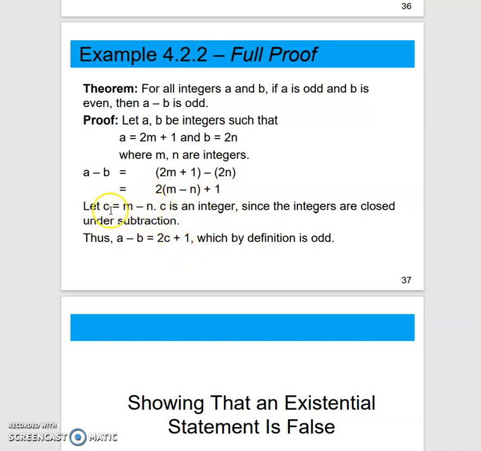So that m minus n, which I'm calling c, is an integer, since the integers are closed under subtraction. So I can write that as 2c plus 1, which is my definition of an odd number. Again, this is going to look a little bit different than how your textbook author writes the proof. This is my proof, but you will hopefully see that all of the important steps are in both versions.